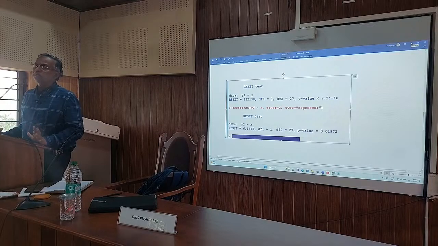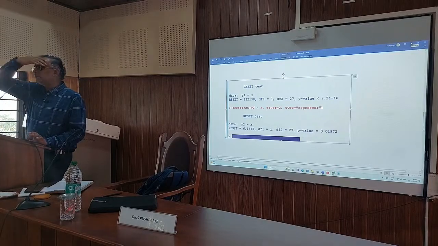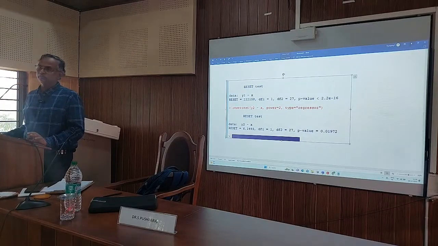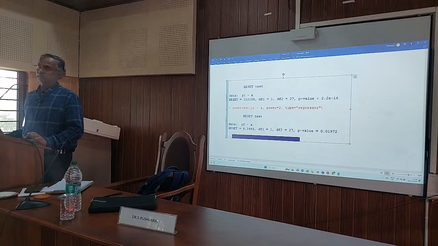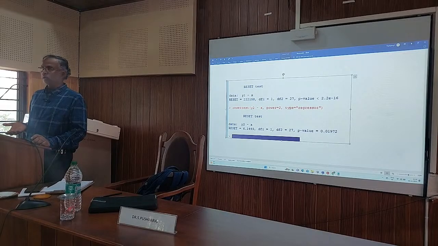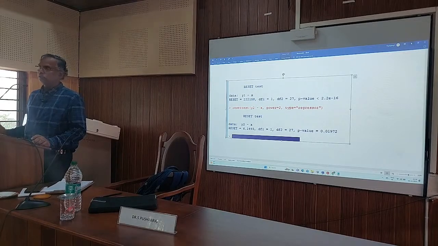Sometimes you may be getting a different value. Why is that? Random numbers are generated with different seed values, right? My computer will be generating differently and your computer will be generating differently. So the data will be different, and that is a problem.